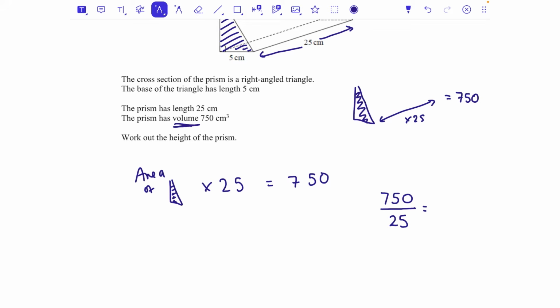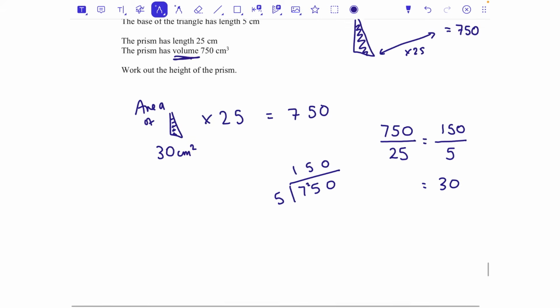So both of these things are divisible by 5, so if I divide by 5 I get 5 on the bottom. 750 divided by 5 is 150, and then 150 divided by 5 is 30. So we now know that the area of that triangle has to be 30 centimetres squared.